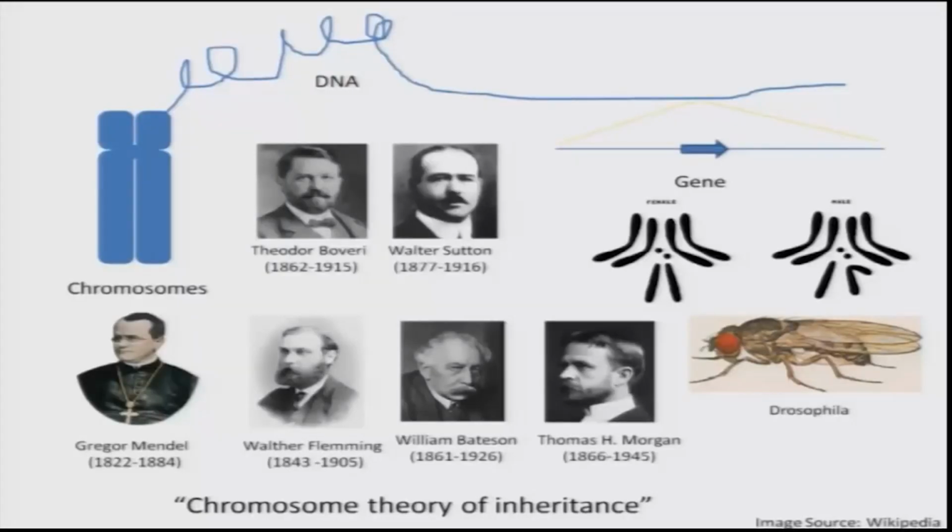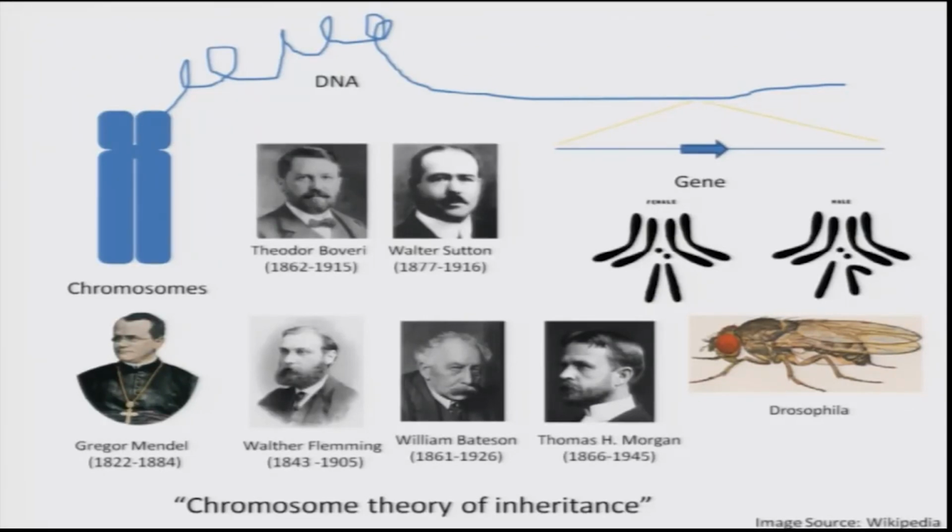One of Morgan's students later went on to look at some other aspect, but the very concept of what is called the chromosome theory of inheritance, meaning your cells do have a genetic material which you call chromosomes, and these chromosomes are transmitted to the next generation, and chromosomes have certain segments which dictate what would be your phenotype.